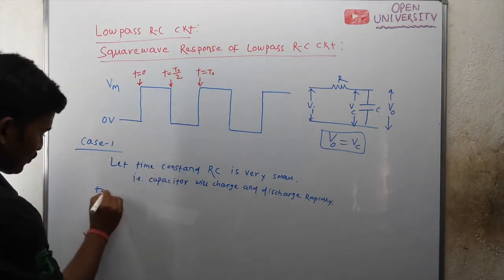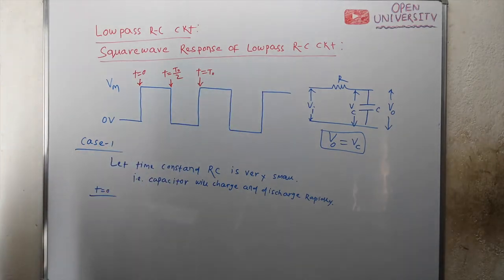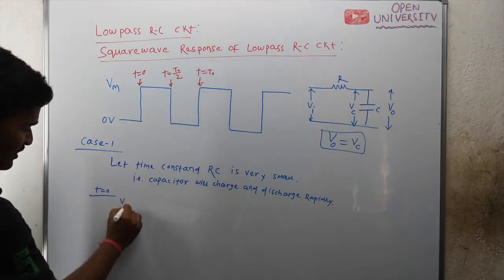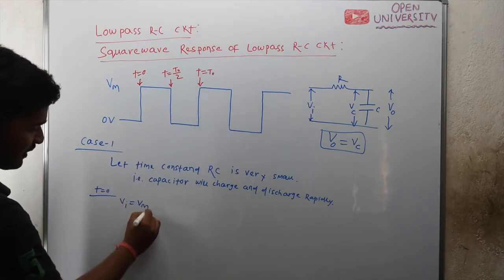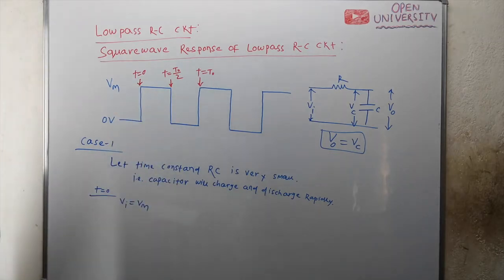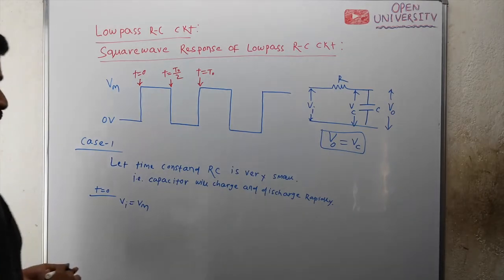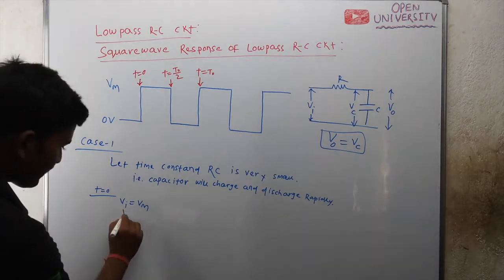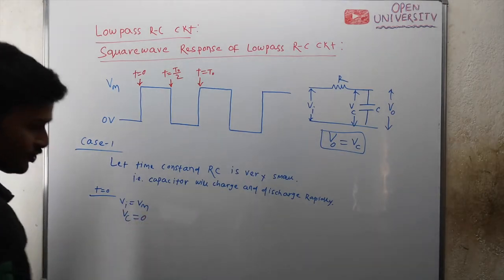Okay, at t equal to 0, what happens? What is the output voltage I want to obtain? Now, at t equal to 0, input voltage is Vm, and I am assuming capacitor voltage is 0.